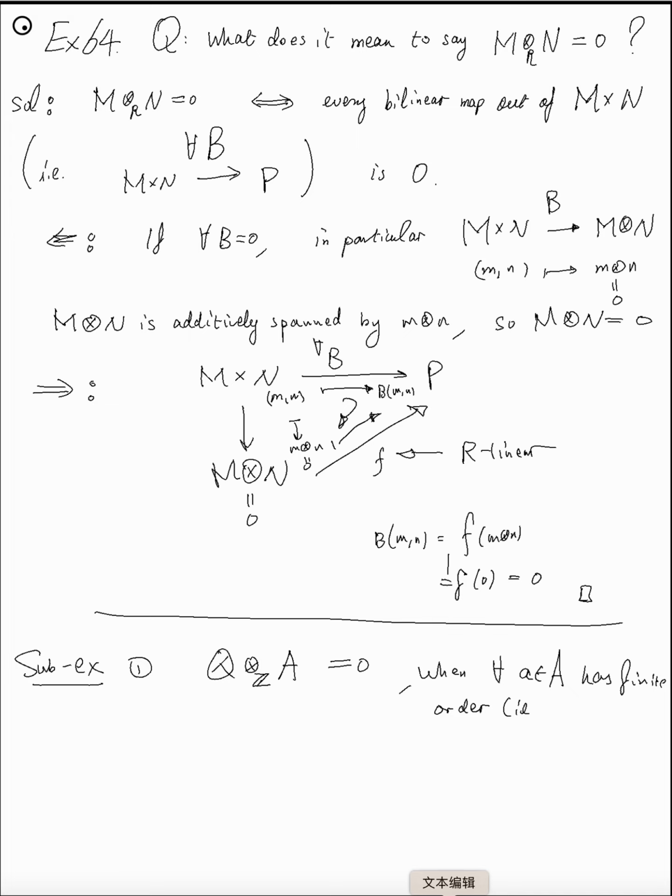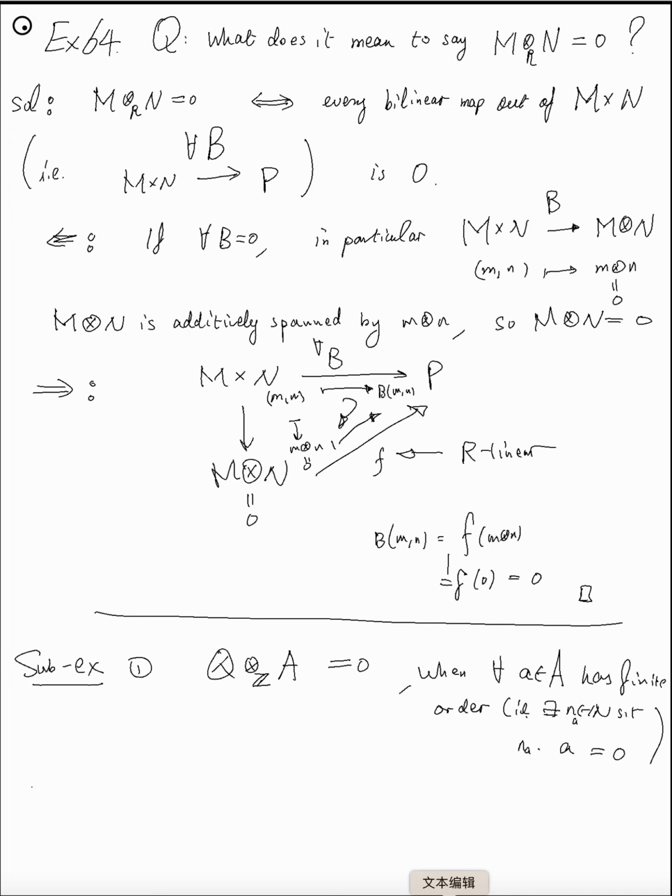In other words, there is some integer such that it has this torsion. Any element is Z-torsion. Sorry, any element is torsion with some integer.